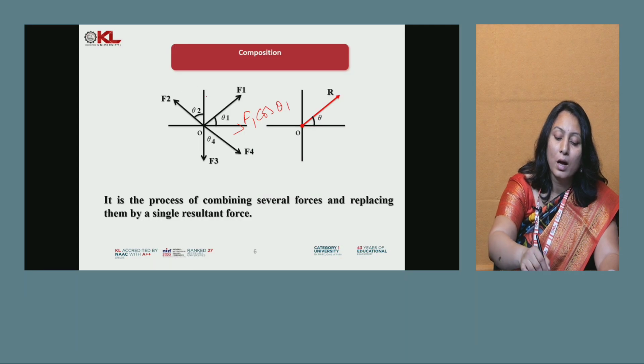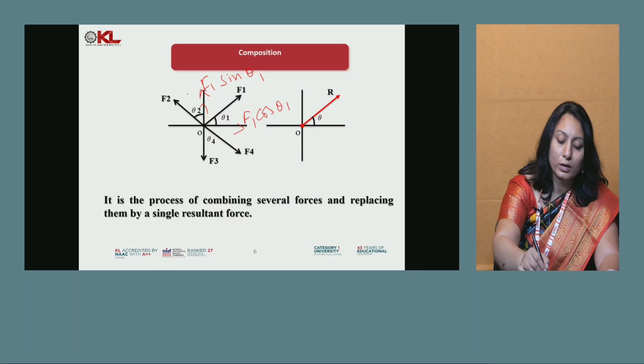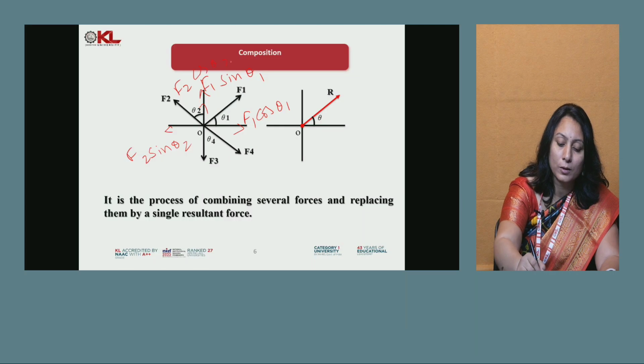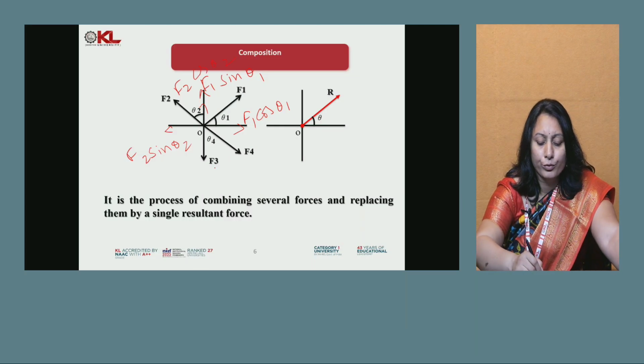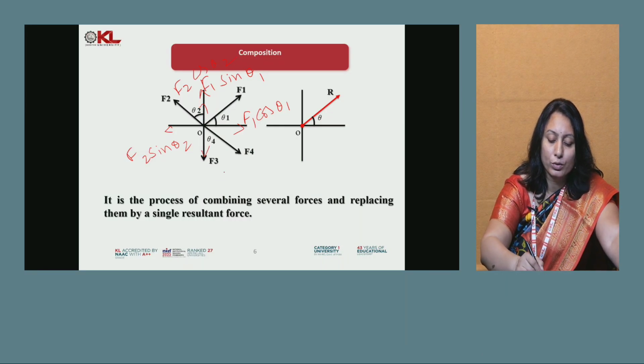We are resolving the forces which are shown here into components, and this is F1 sin theta 1, and on the other hand this is F2 cos theta 2, sorry, here the angle must be different, F2 sin theta 2, because here it is given theta 2 with respect to vertical. So here you will get F2 cos theta 2, and then F3 is on the y axis, so no need to resolve this into forces, and F4 should be resolved into components.